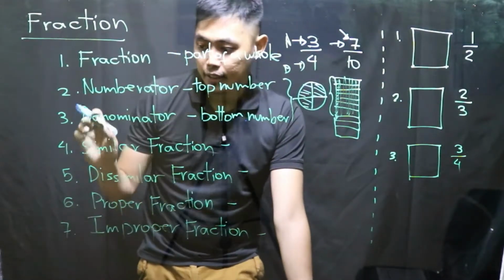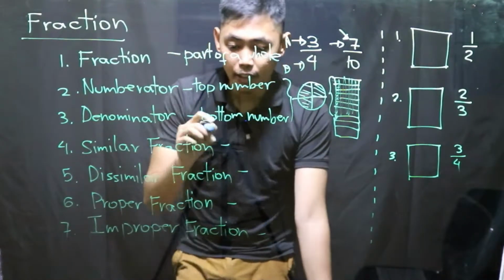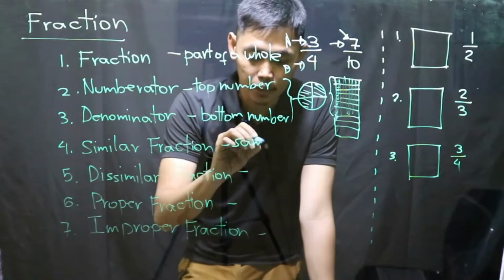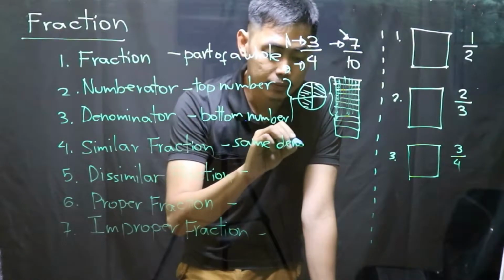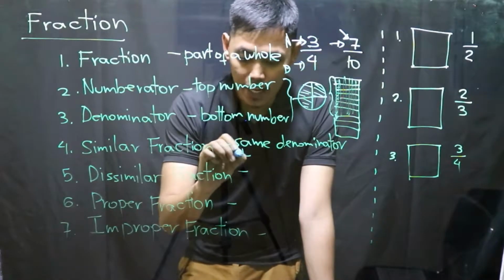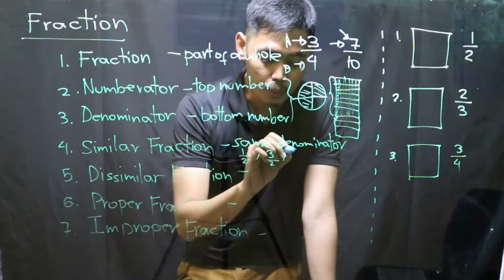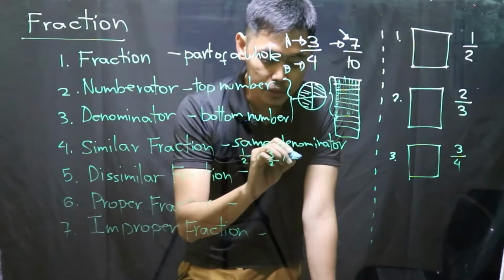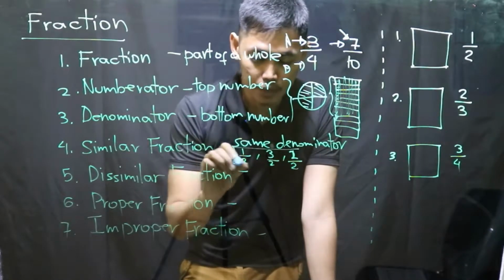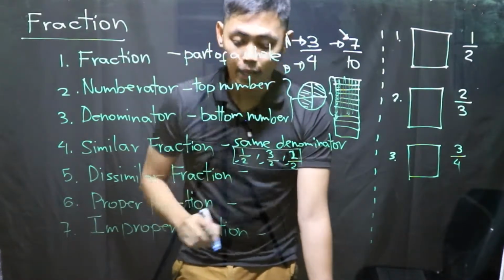Next, similar fractions. Similar fractions are fractions that have the same denominator. For example, 1/2, 3/2, 2/2. These fractions are similar because they have the same denominator.